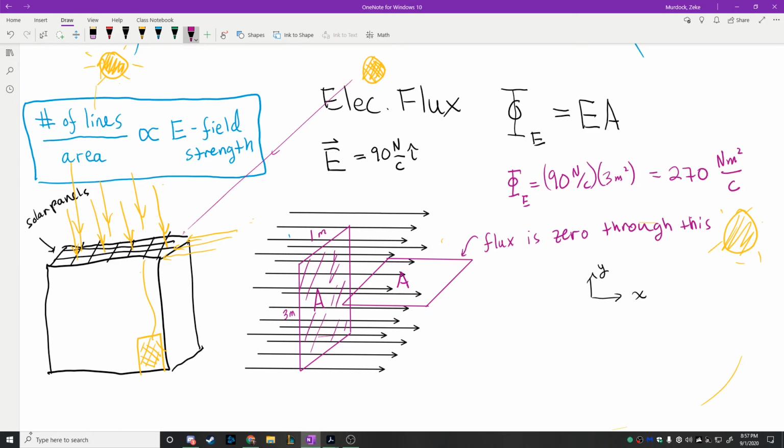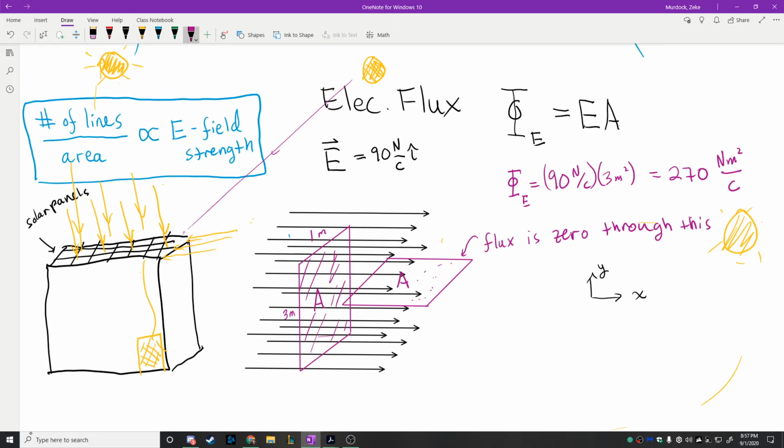So that's the idea of what flux is. It says that you get maximum flux when the lines that are coming in are perpendicular to the surface. You get minimum flux when the lines are parallel to the surface, like this one right here. None of the lines actually cross through it, right?